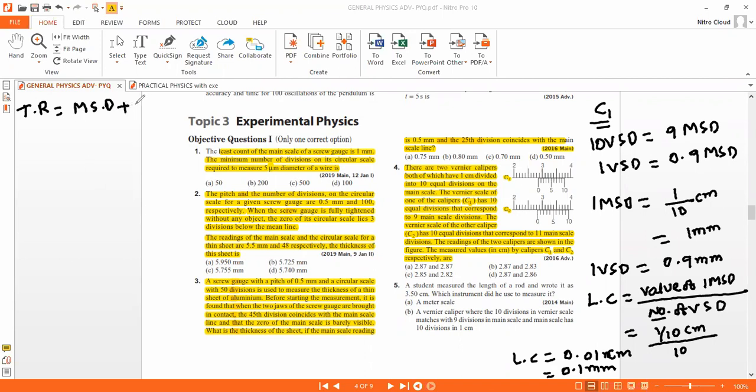Now you can see on C1, the main scale reading.